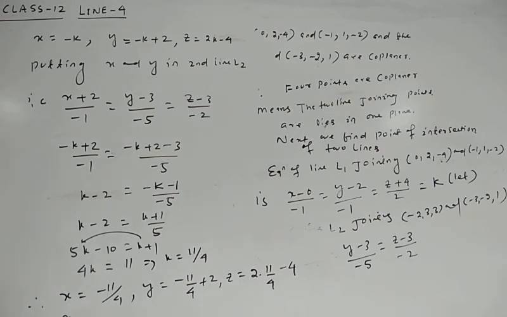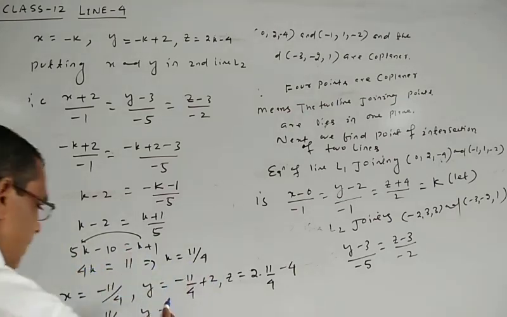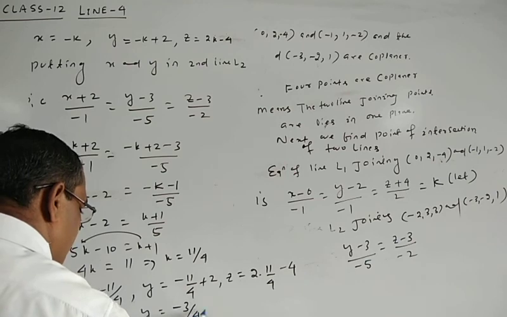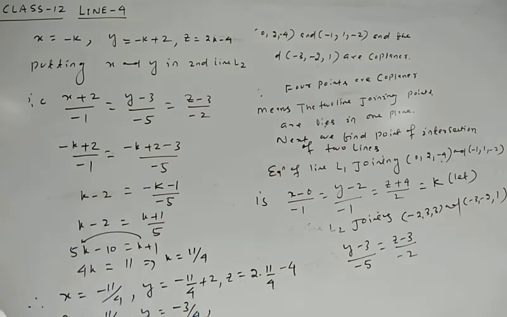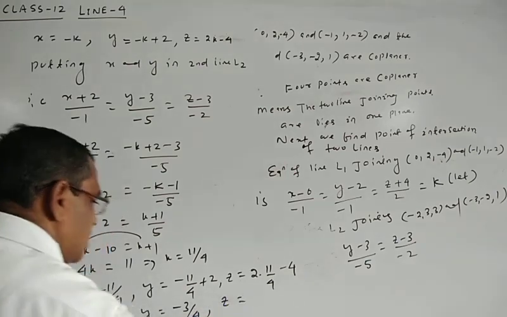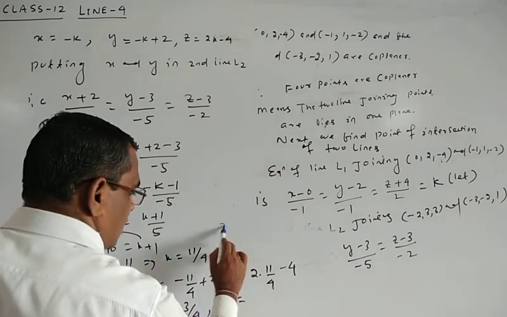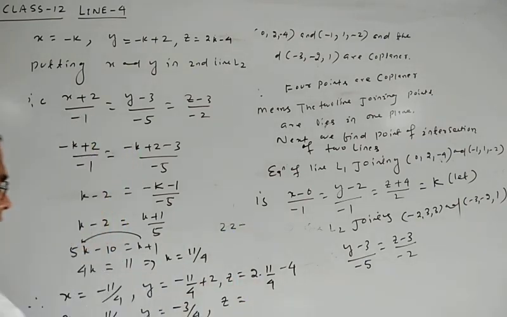So x is equal to -11/4. y is equal to (-11 + 8)/4, so -3/4. And z is 2 times 11/4 minus 4, which is 11/2 - 4, that is (11 - 8)/2.